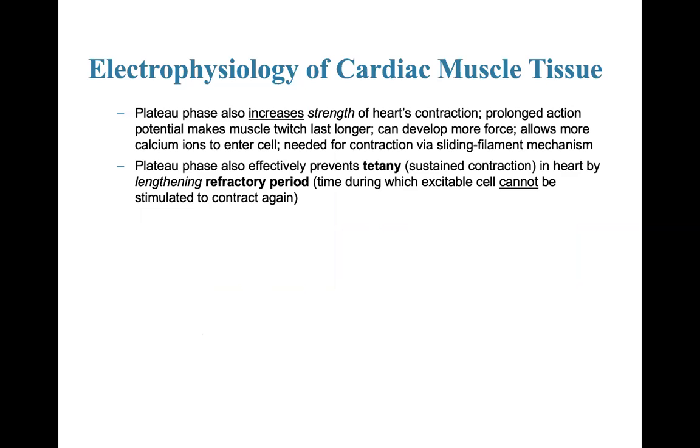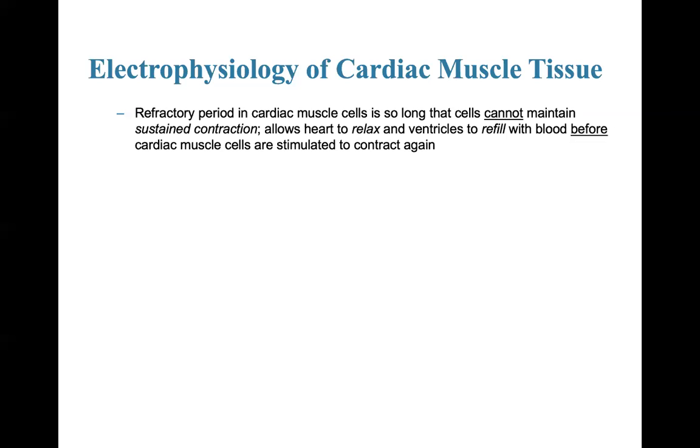The plateau phase also effectively prevents tetany, a sustained contraction, by lengthening the refractory period. The refractory period in the cardiac muscle cells is so long that the cells cannot maintain sustained contraction. This allows the heart to relax and the ventricles to refill with blood before the cardiac muscle cells are stimulated by an entirely new contraction.